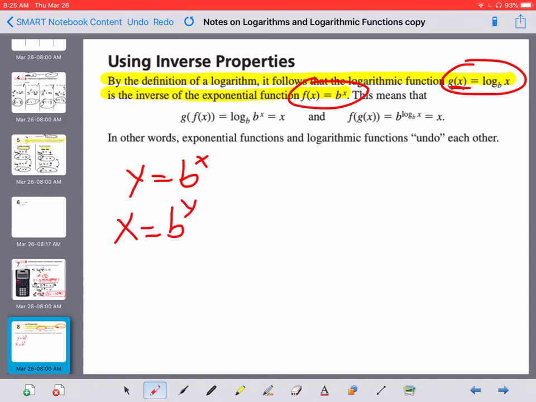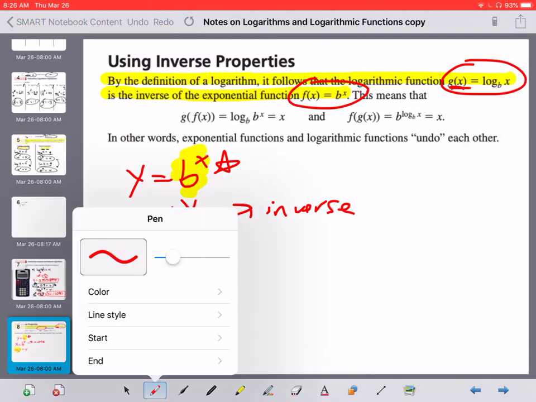We can rewrite this as a log, okay? So this is going to be log base b of x equals y. And once again, notice, remember this is an inverse of what I had written right here, okay?